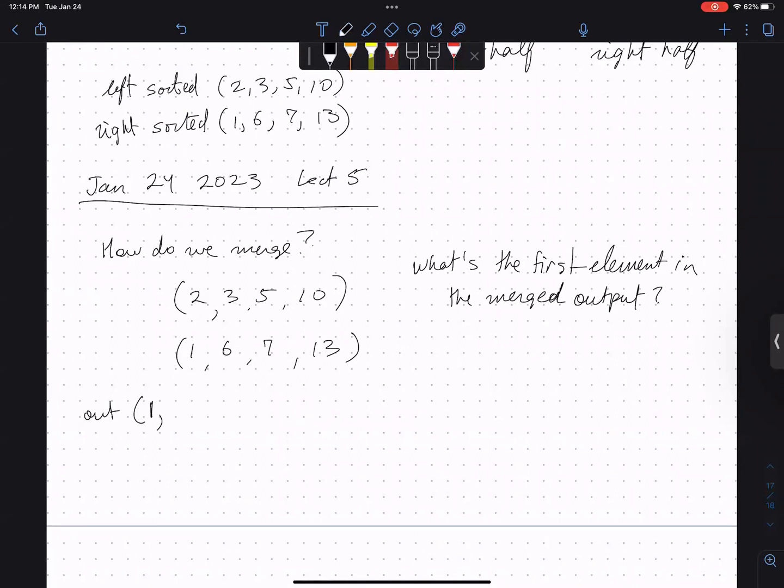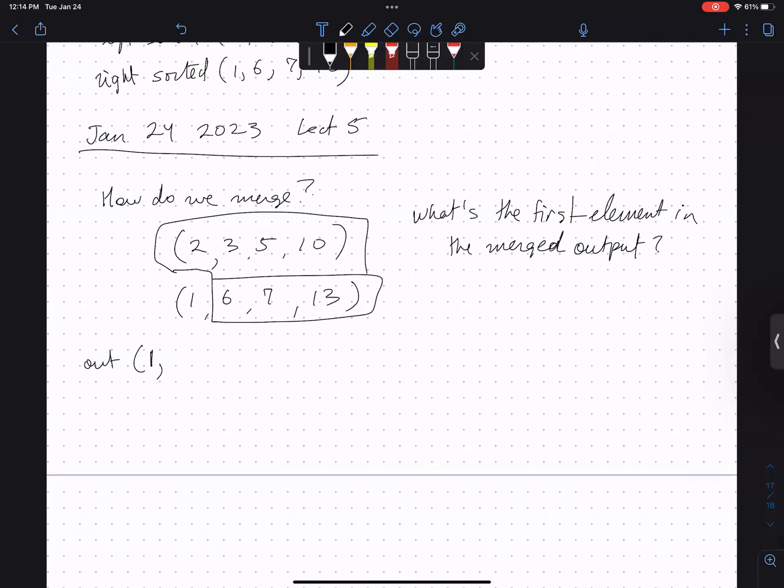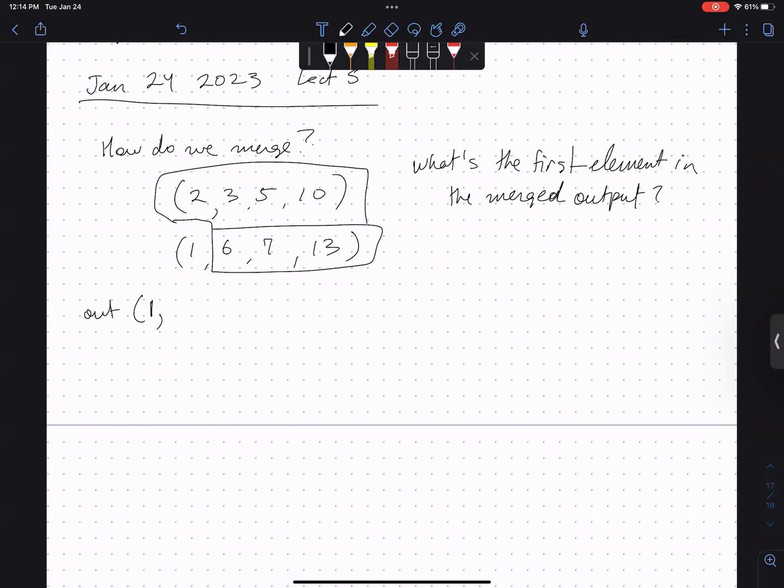Now, for the rest, we can make a recursive call to merge from this list and from this list. So it's a very simple way to think about merge. We find the smallest element, and then we remove that element from the array it came from, and we make a recursive call.